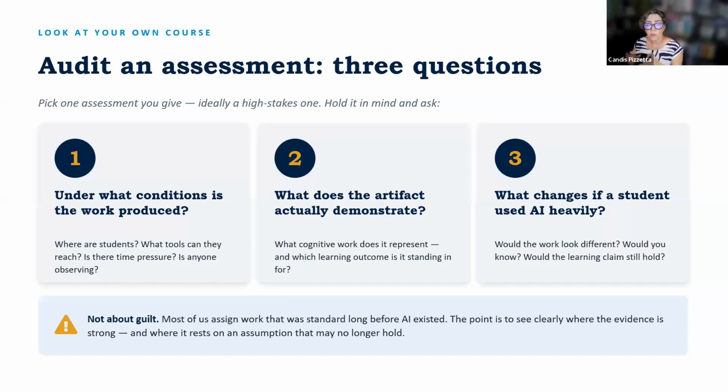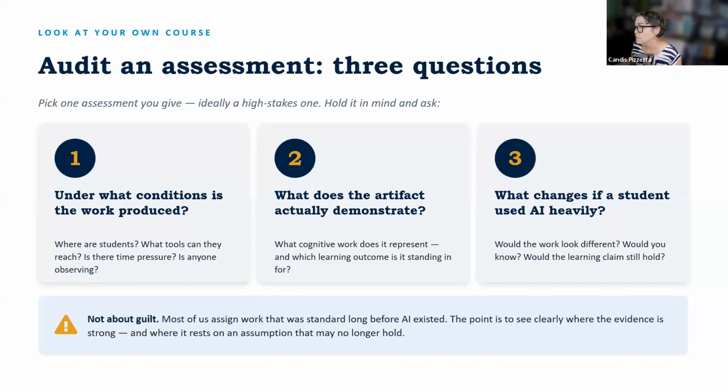What it asks you to do is to go to the assignment that you have identified as being something that AI can do, and you're concerned about students not doing the work themselves, and ask yourself these questions. Under what conditions is the work produced? I'm an English professor.